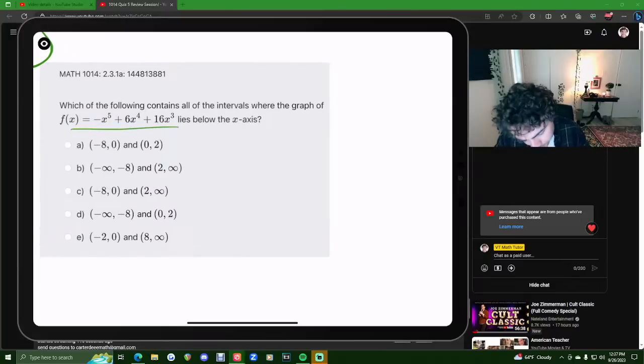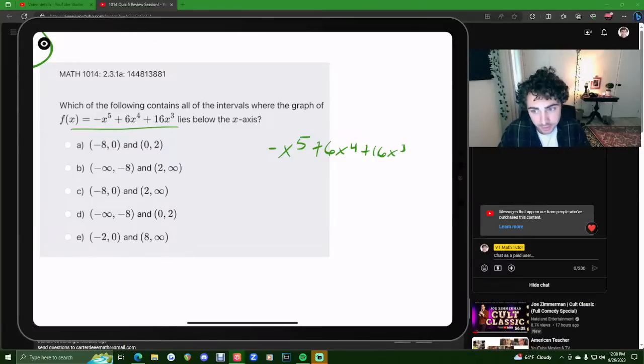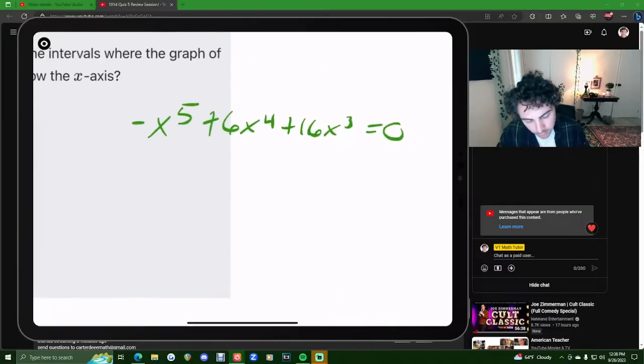Looking at this function, we're first trying to find where it's equal to 0, because that'll give us an idea of what the x-intercepts are and help us construct our intervals a little bit better. We're going to set this equal to 0. We're going to start by factoring by pulling out a greatest common factor.